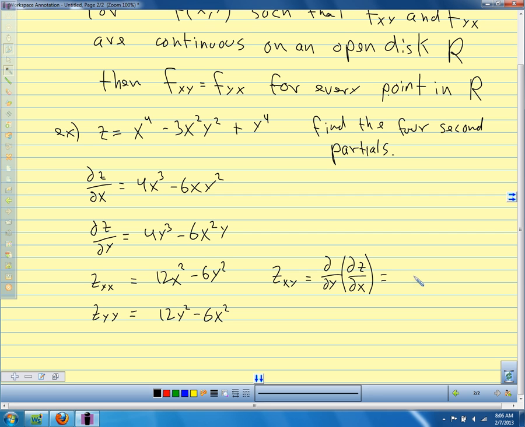What's that come out to be? Minus 12xy. And z y x, which is d dx of dz dy. When we calculate that out, what do we see? Minus 12xy. So we have a nice, well-behaved function, and our mixed partials are equal. We could do the same thing for higher order if we wanted to look at third mixed partials or fourth mixed partials. You just have to go through this process of finding your partials and then comparing.